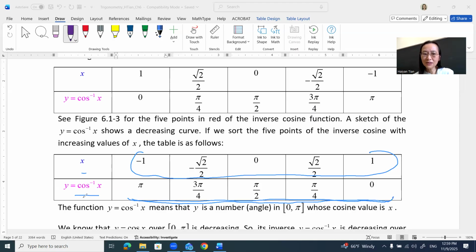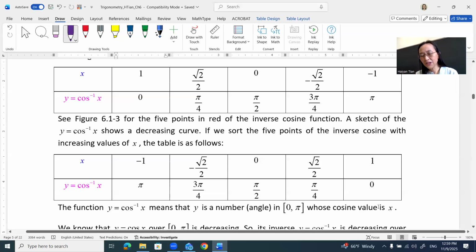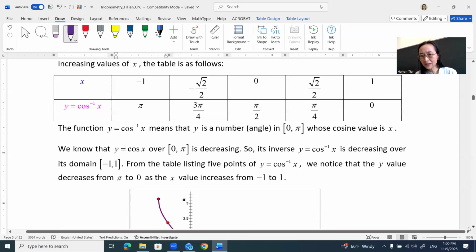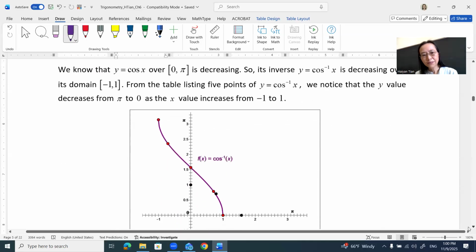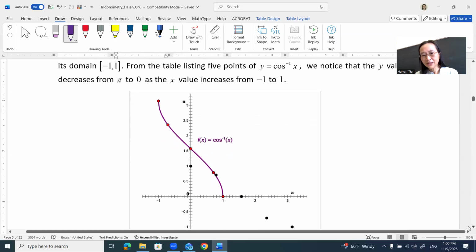That means the inverse cosine is decreasing, which is true for a function that is invertible. When the original function is decreasing, the inverse is also decreasing. When the original function is increasing, the inverse is also increasing. So let's look at the 5 points.